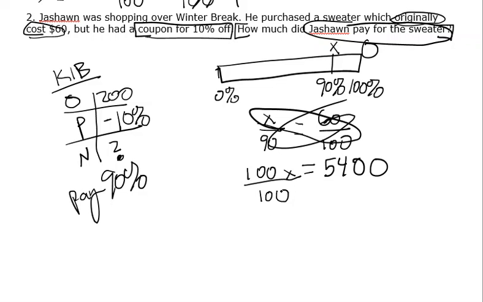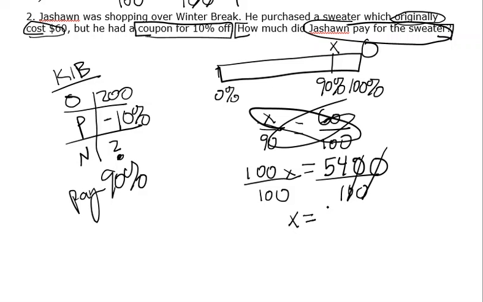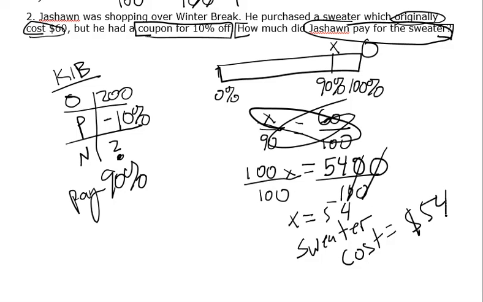Dividing both sides by 100, crossing out my zeros, I'm left with X is equal to 54. Okay, so Jason paid $54. Sweater cost equals $54.